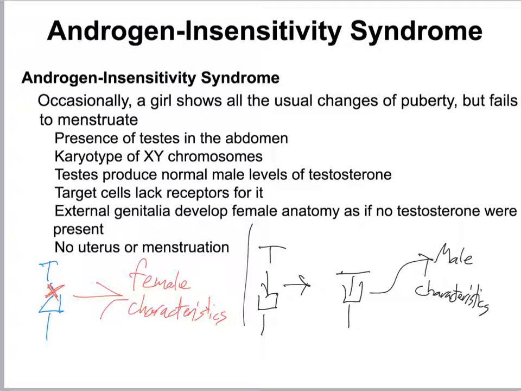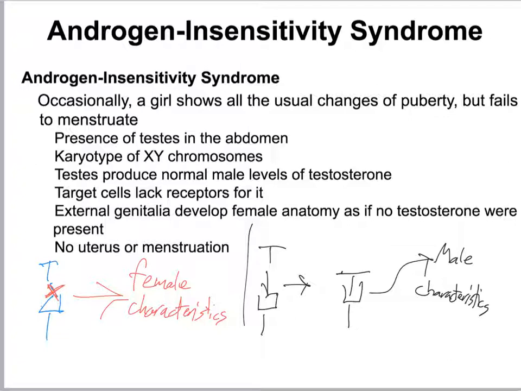These individuals, depending upon how broken the testosterone receptor is, sometimes it's a little functional, sometimes it's not functional at all, sometimes it's mostly functional but not fully, can exist anywhere on the spectrum from female genitalia to male genitalia. So most of them are phenotypically female, but some of them are born phenotypically ambiguous.